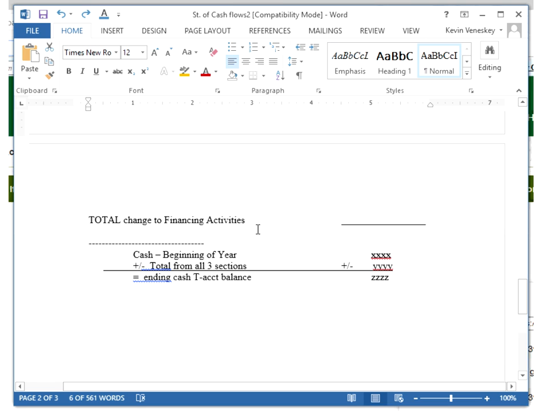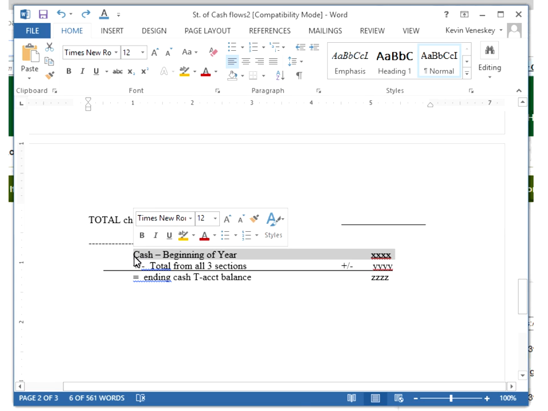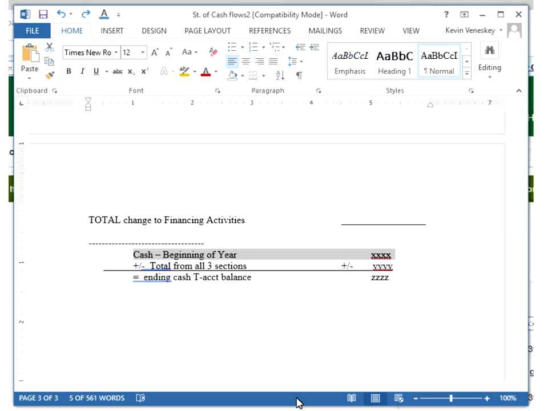Now the final piece, to wrap everything up. Like in the balance sheet, when you wrap everything up, when you have a total line item of liabilities plus owner's equity, and then you match that to your total assets, kind of the same thing going on here, in that we're going to have one final number to use as our check figure. So what we do is we take, well, what was the cash at the end of last year or the beginning of this year?